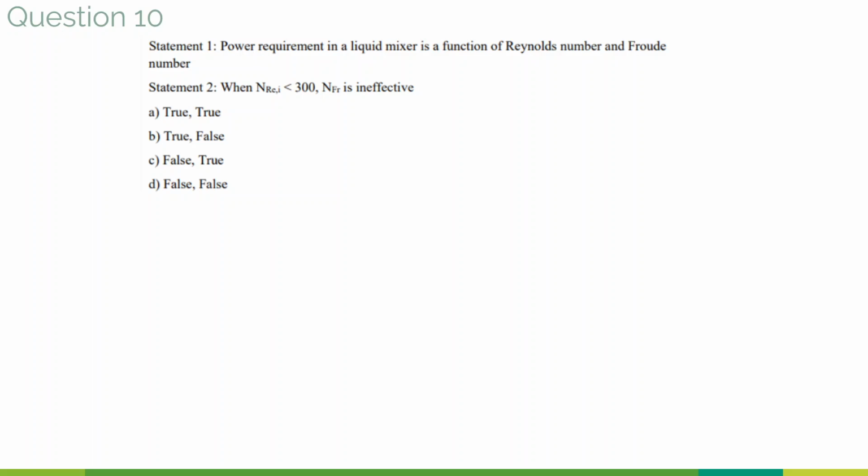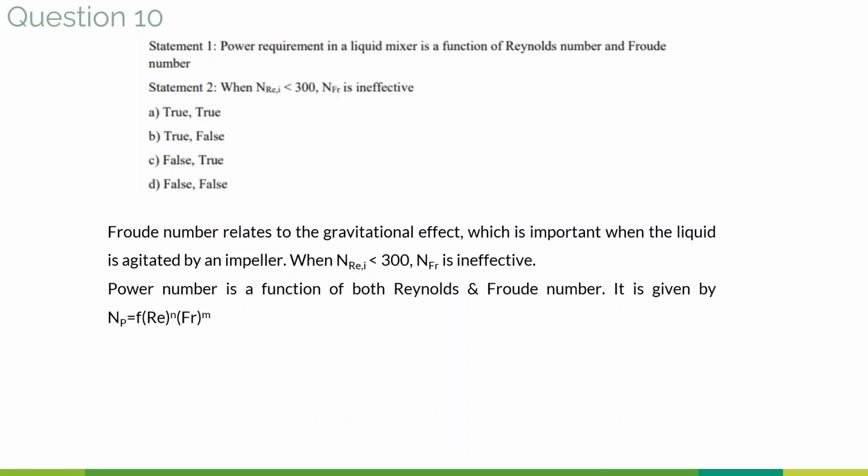So first, going to statement 1, as we discussed in one of the previous slides, the power number is a function of Reynolds number and Froude's number, and it can be given as NP is equal to a function of Reynolds number power n and Froude's number power m, where n and m are certain constants, and the value of n and m will depend upon what kind of a system you are looking at.